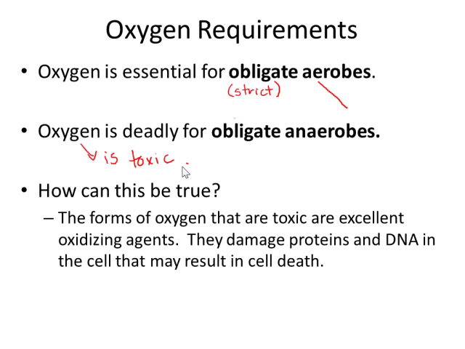Now this goes against everything we've ever learned. I always think about oxygen being a good thing, because if I go without it, I die. But for some bacteria, oxygen is toxic. And even for humans, oxygen is toxic. You may have heard of this before, antioxidants.